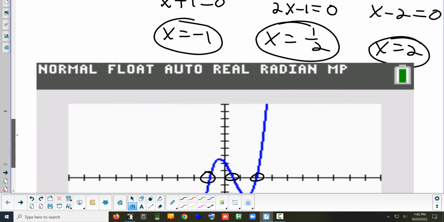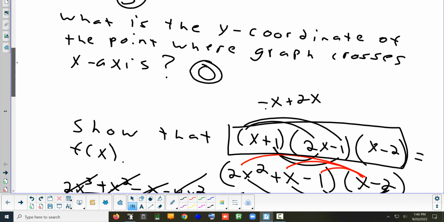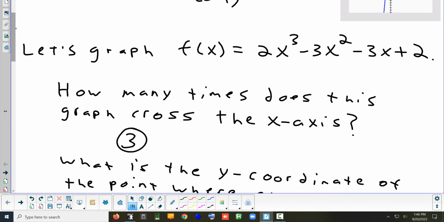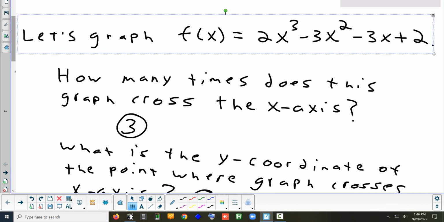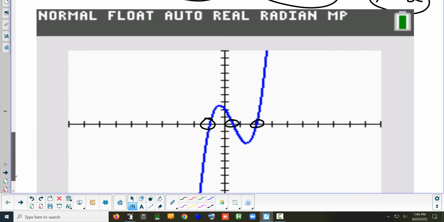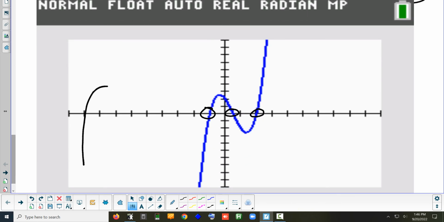But just because it has a highest exponent of a 3, right there, doesn't mean it has to have 3 answers. This one did. It could look something like this. That's the same basic shape as the other one. But how many times does that one cross or touch the x-axis? Twice.